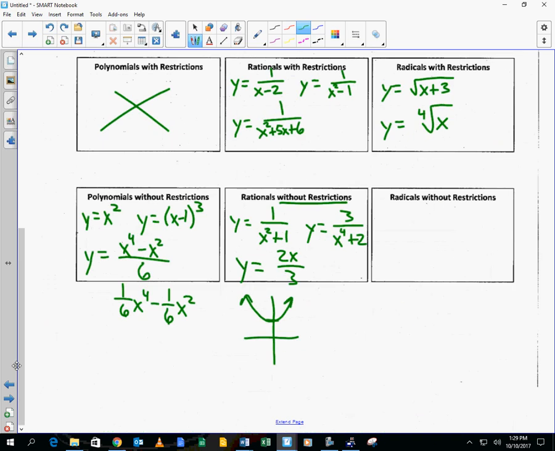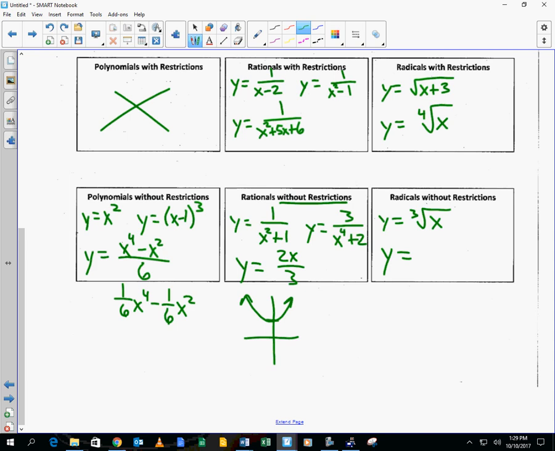But there are things that you can take roots of. For example, the cube root of x. What is the cube root of negative 8? Negative 2. You can take the cube root of negatives, right? Because a negative times a negative times a negative is a negative, okay?